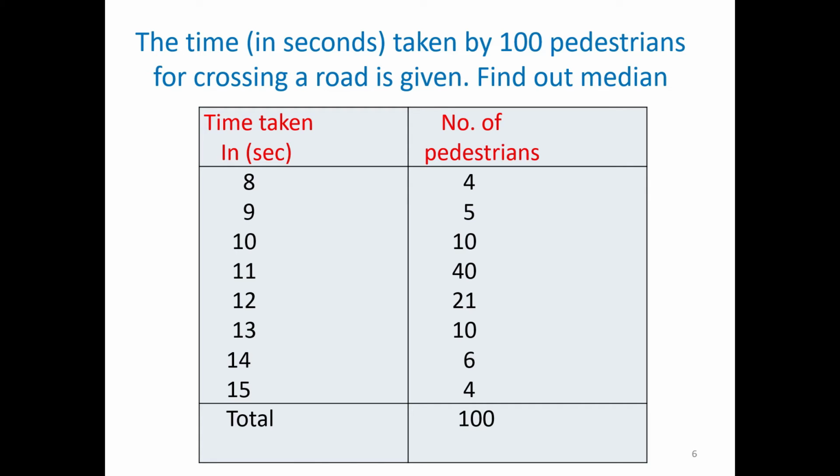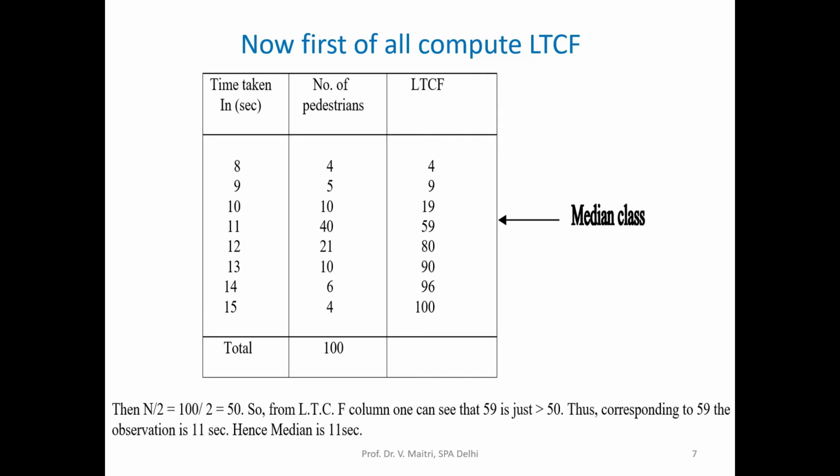So capital N is 100. First of all we have to create the cumulative frequency distribution: 4, 5 plus 4 is 9, 9 plus 10 is 19, 19 plus 40 is 59, 59 plus 21 is 80, then 90, then 96 and 100. So our capital N is 100.